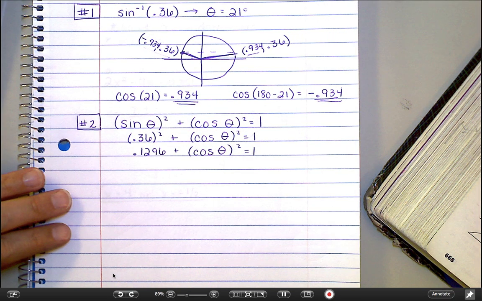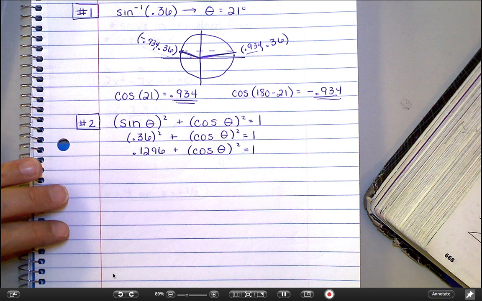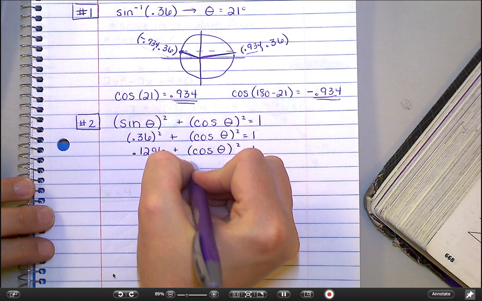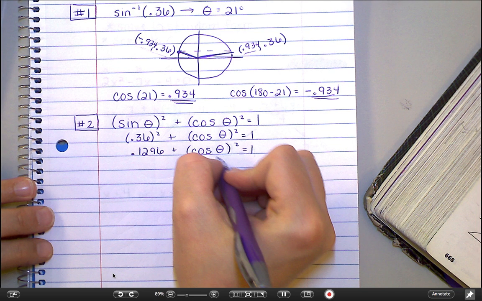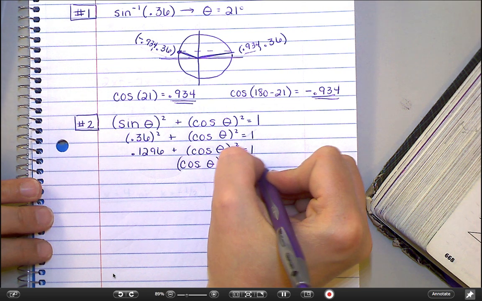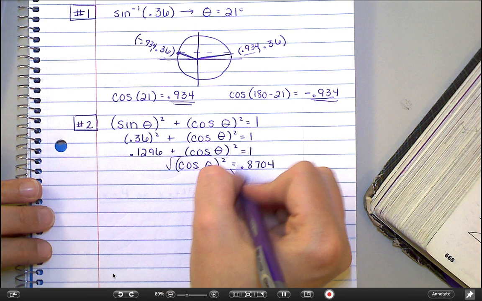Okay, and now I'm going to subtract. I'm going to go 1 minus 0.1296. And I get 0.8704. So now I have cosine theta squared equals 0.8704. And then from there, we're going to take a square root.